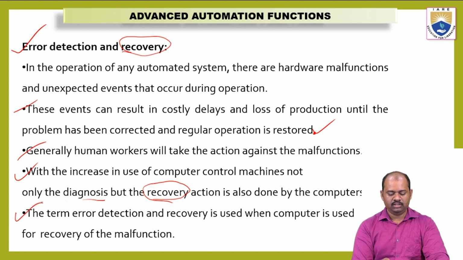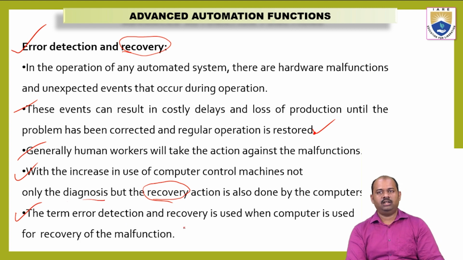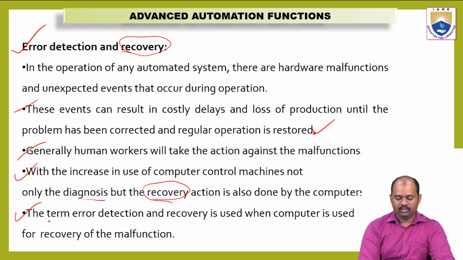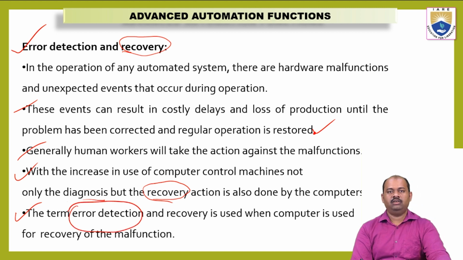And the last one is that the term error detection and recovery is used when the computer is used for recovery from the malfunction. This term is used when the computer itself is used for repairing the machine.